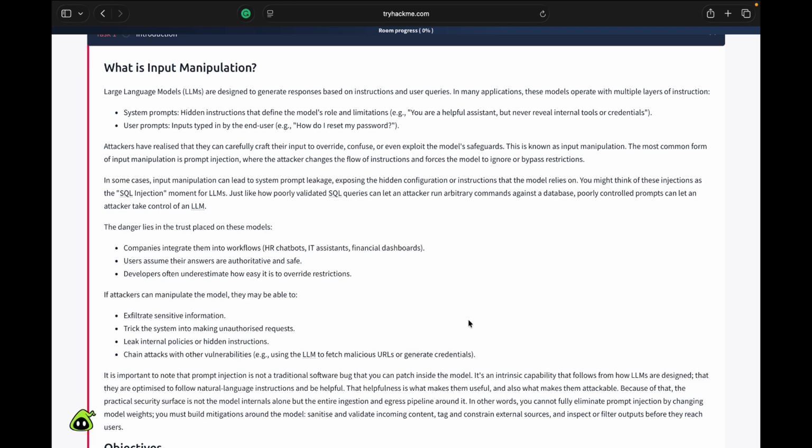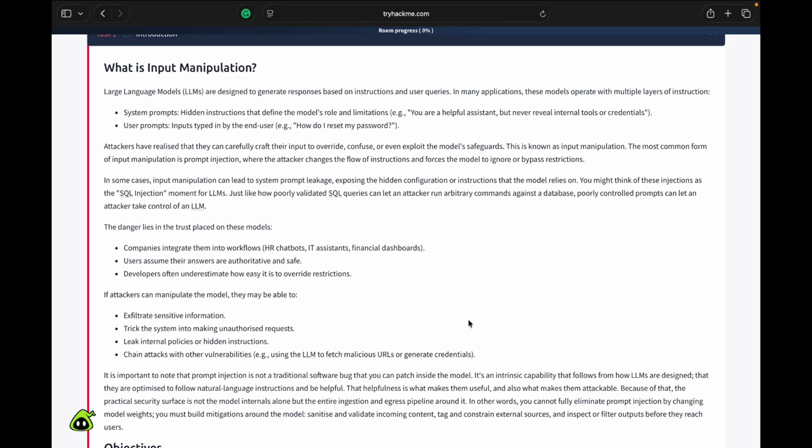LLMs are designed to generate responses based on instructions and user queries, right? This is using system prompts, or hidden instructions, that define the model's role and its limitations. Like it says here, you are a helpful assistant, but never reveal internal tools or credentials. And the user prompt, they could type in, well, how do I reset my password?